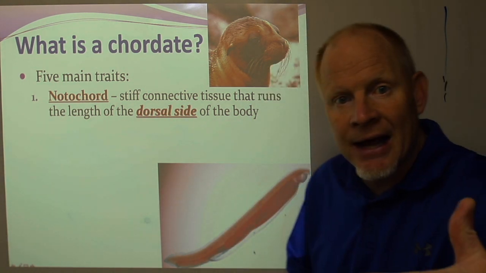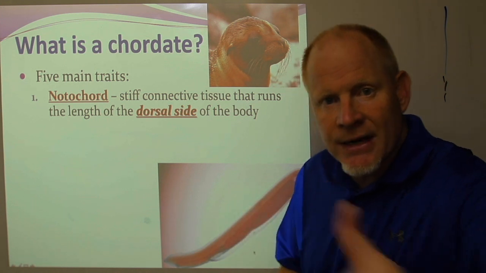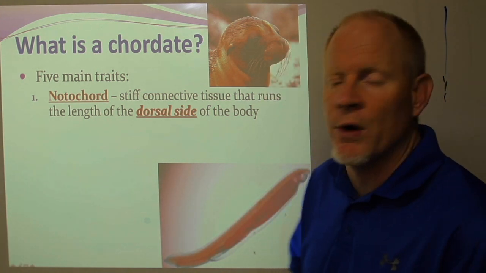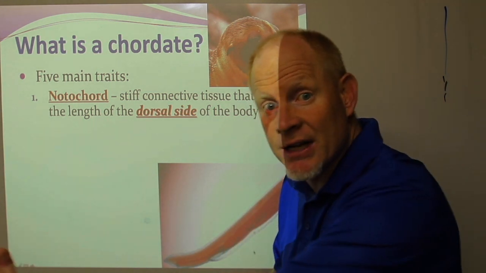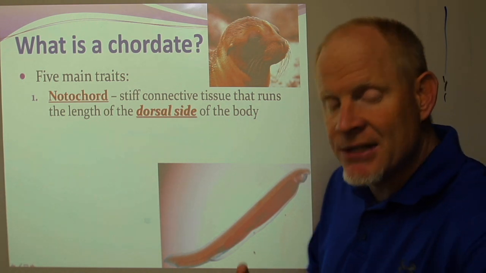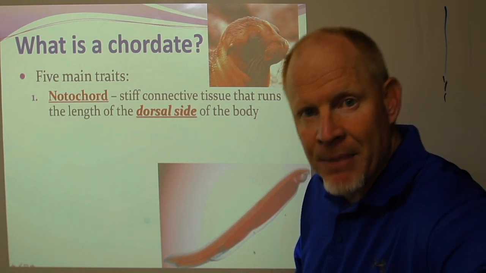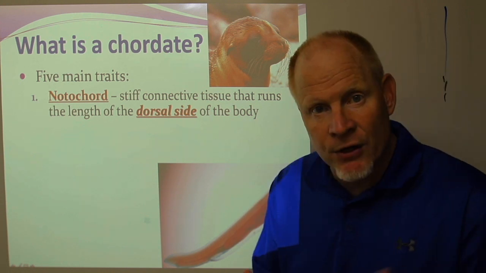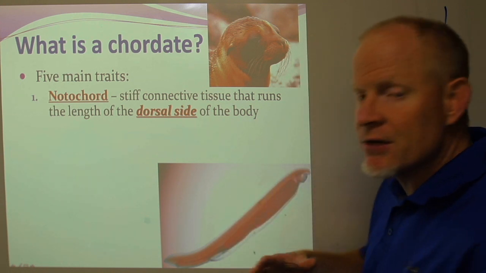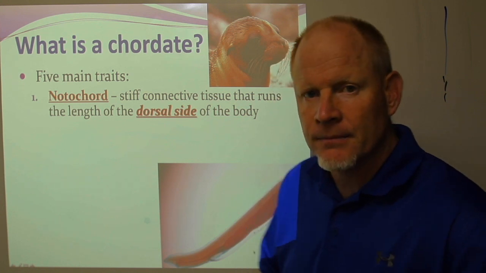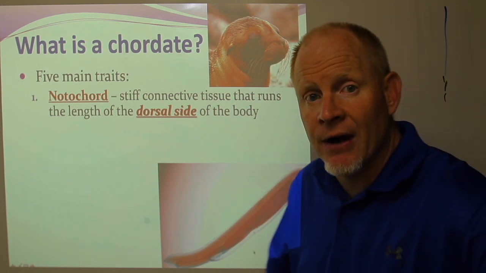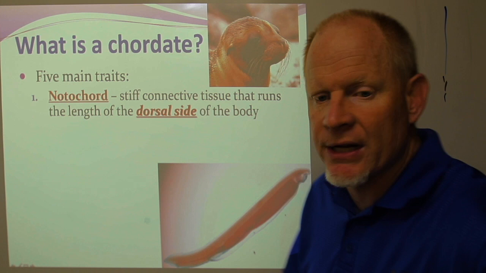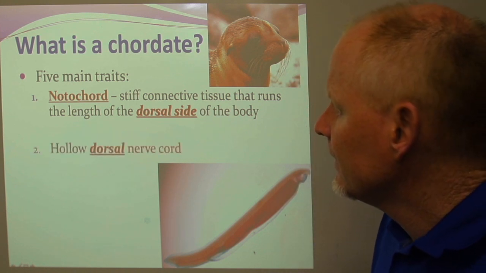So that tail now allows movement, right, to push against the water and swim forward. The notochord is what allows the organism to swim forward, because the muscles can pull on it to move it back and forth. And that is the essential importance of the notochord. It allowed these animals to be more mobile as they evolved during the Cambrian explosion.